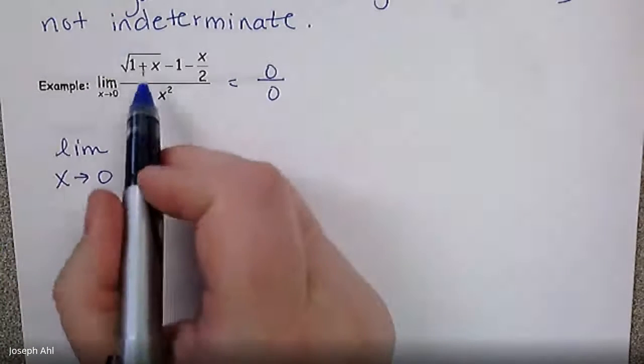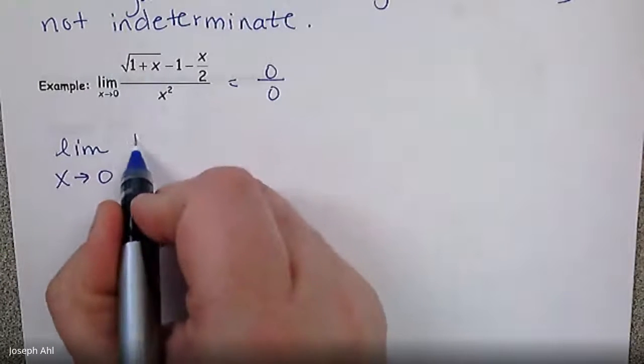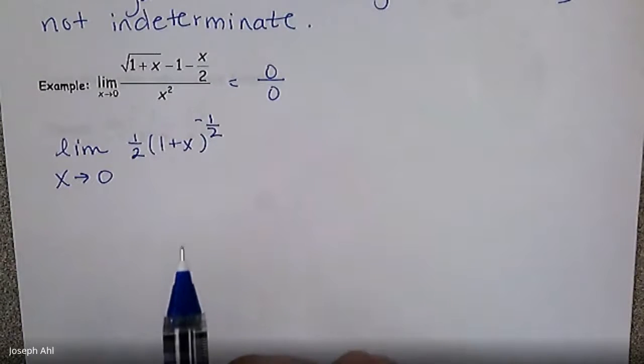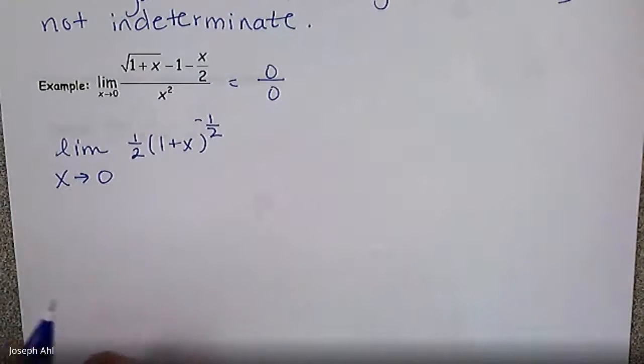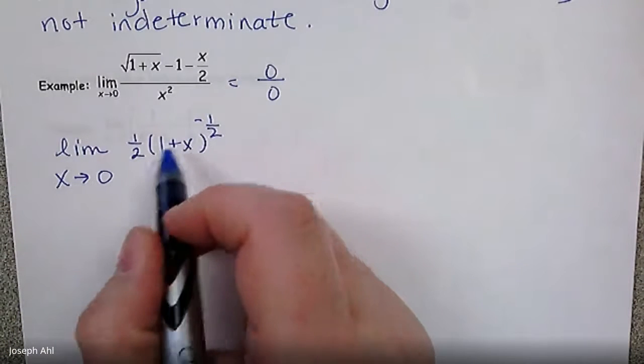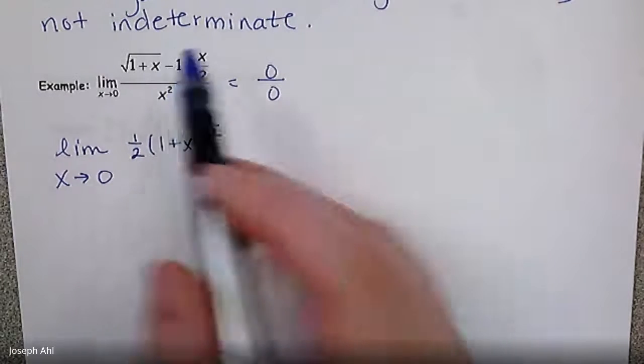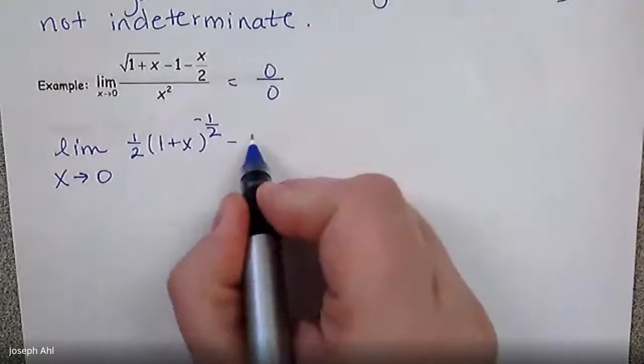Limit as x goes to 0 of radical 1 plus x would be 1/2 times 1 plus x to the negative 1/2. I'll leave it as negative exponents just so I don't get something that looks like a complex fraction. The derivative of the inside is just 1 with the chain rule, so we don't have to worry about that. The derivative of negative 1 is 0, and then at the end you're going to get minus 1/2.